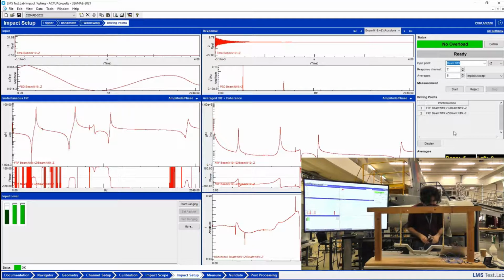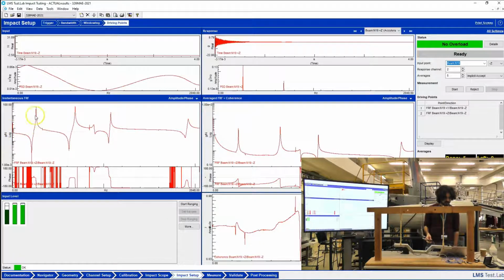Okay. Now this, as you can see, gives us the frequency response function. You can see it from the units. That's G over Newton. That's output over input.